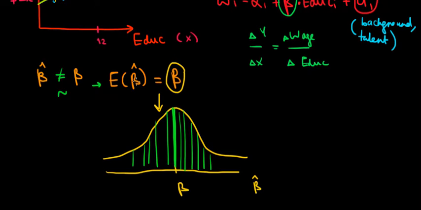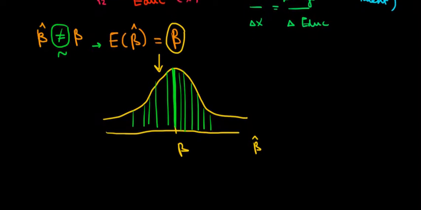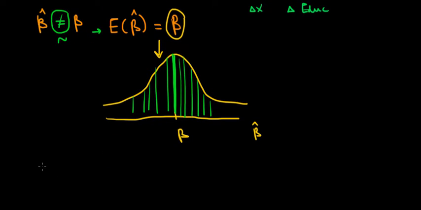One more thing that we have to keep in mind is because this equation does not hold, because beta of the sample is not equal to the beta of the population, what we're interested in, as always in statistics, is the confidence interval. So what would be the confidence interval of the population parameter beta? Let's say we're speaking about the 95% confidence interval, because that's usually the most common one.